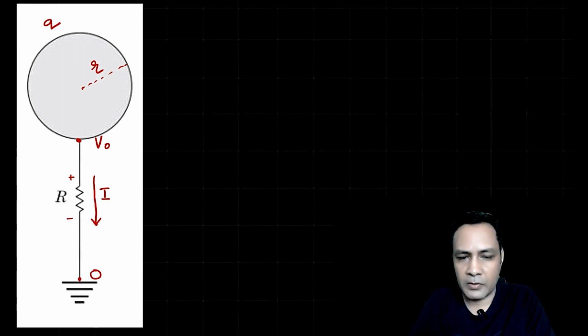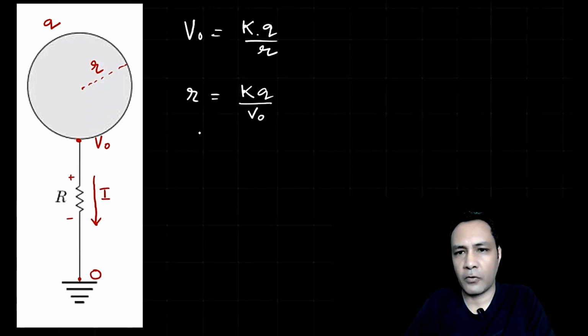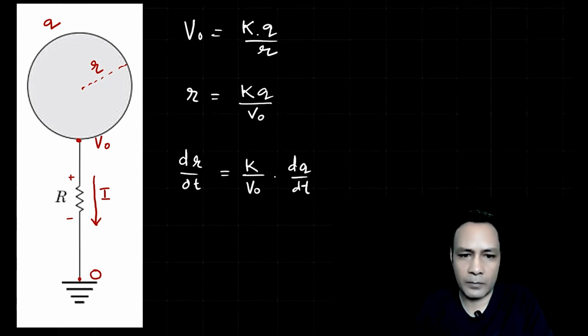At the shown moment, if I write the potential of the balloon, V0 is equal to Kq by r. So r will become Kq by V0. So the rate of change of radius with respect to time, dr by dt, is equal to K by V0 into dq by dq by dt. What is dq by dt? As r decreases, q decreases, and that charge goes to the resistor.